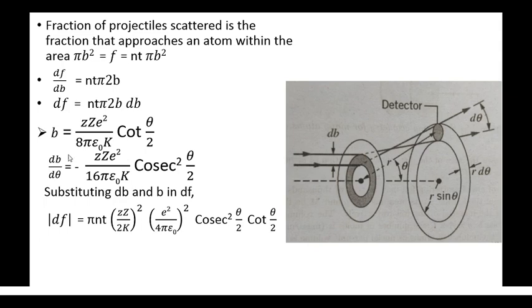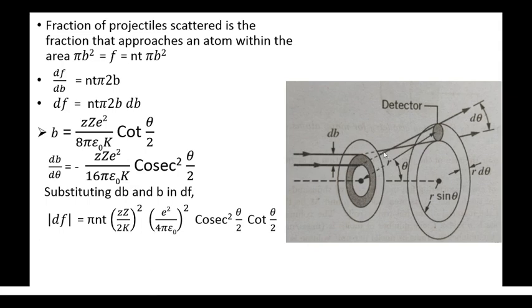Now, what is the fraction of projectiles scattered? See here, we are considering, we know that this perpendicular distance is b, isn't it? And we are considering a small thickness db around it and finding a ring here. We know that from here the alpha particles get scattered.